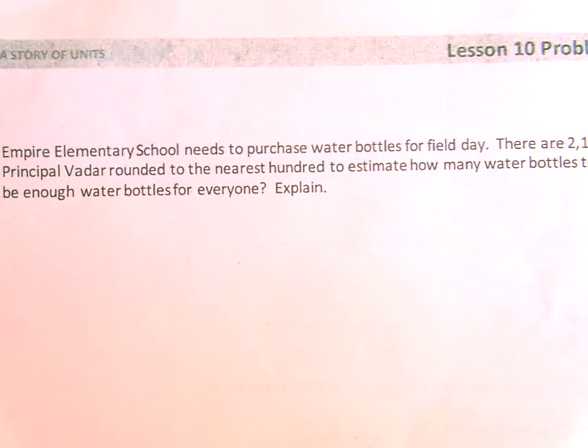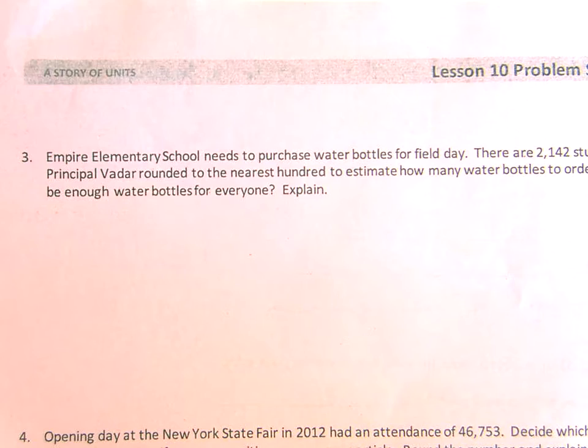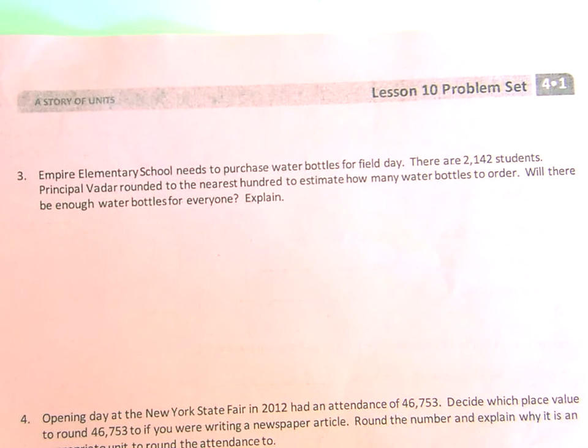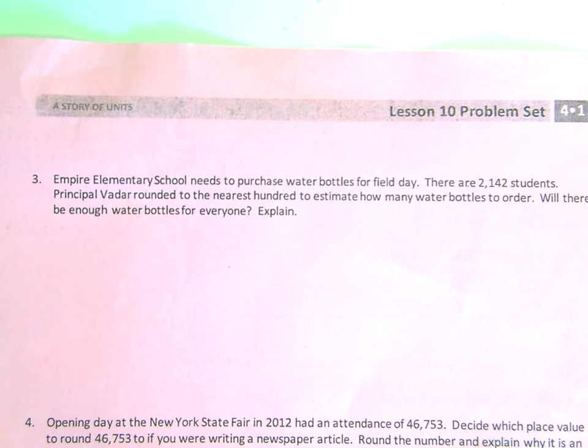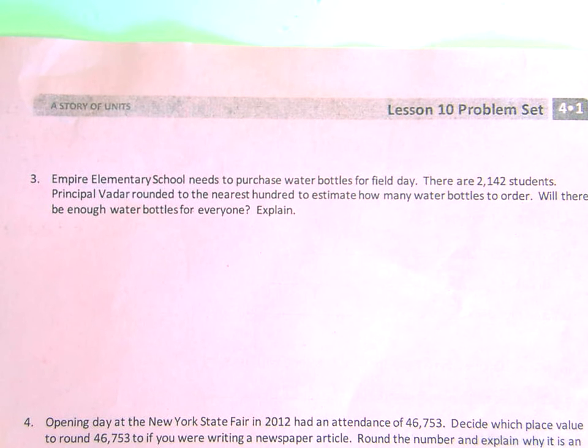Empire Elementary School needs to purchase water bottles for the field day. There are 2,142 students. Principal Vadar rounded to the nearest 100 to estimate how many water bottles to order. Will there be enough water bottles for everyone? Explain your answer.